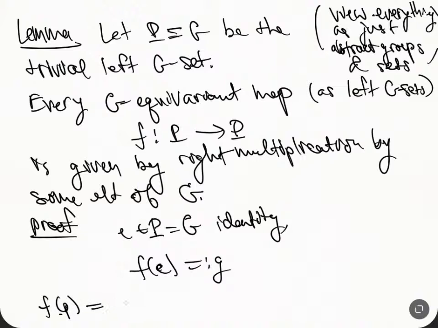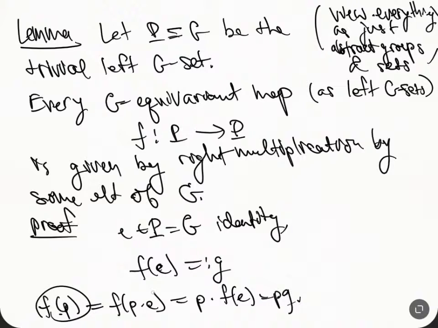Well, f of p is just f of p times e, because that's just the way groups work. But now we know that this is a map of G sets, so p we can pull out, and so this is going to be p times f of e, and this is going to be g. So this tells us that f of p is just going to be p times g. And that proves that this automorphism is just this.